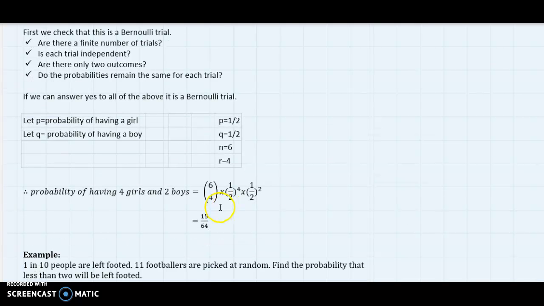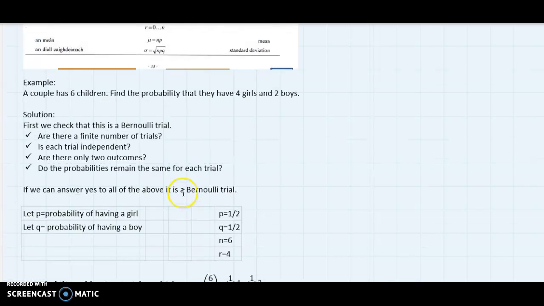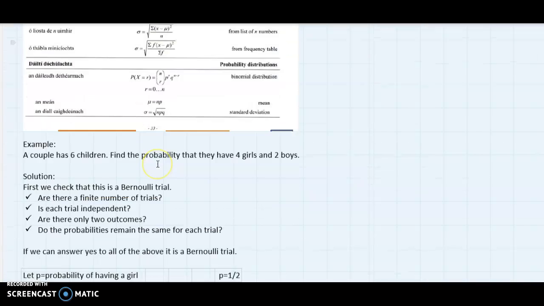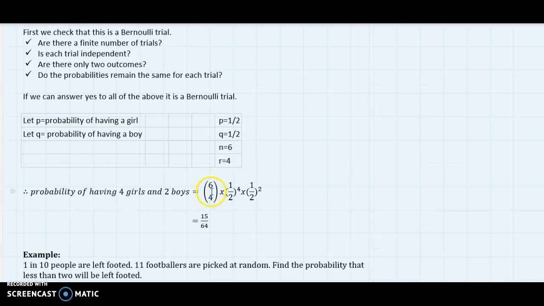So we put that into our formula that we had up above. What we get is 6 choose 4 multiplied by a half to the power of 4 multiplied by a half to the power of 2. And when you put that into your calculator, you get 15 over 64.